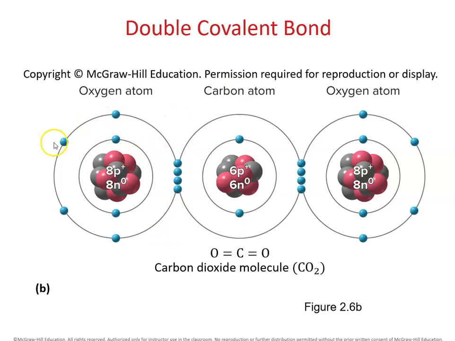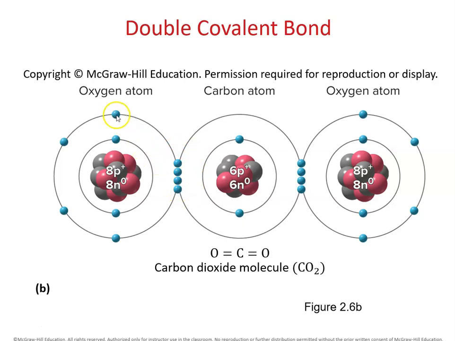Oxygen has 1, 2, 3, 4, 5, 6 electrons of its own in its outer shell, and then it claims 2 more. I lost my pointer. It claims 2 more from the carbon, and now both the oxygen and the carbon are considering all of theirs their own.